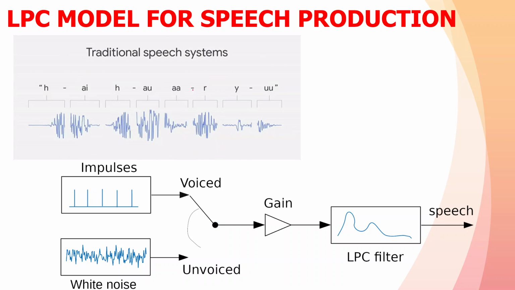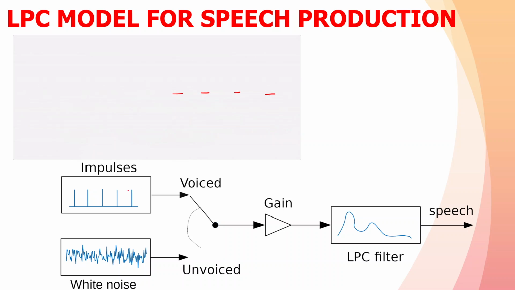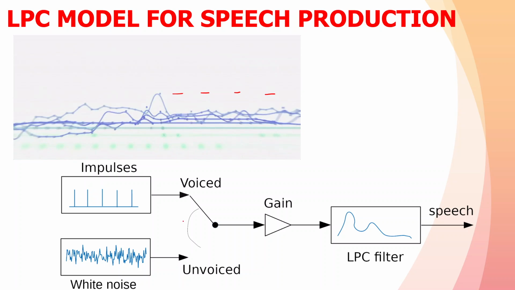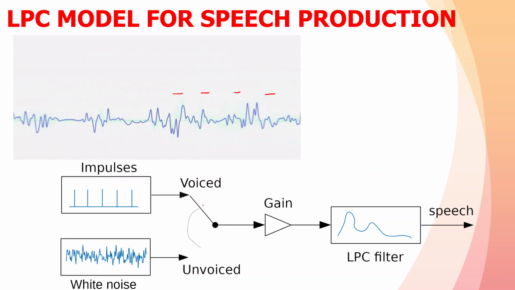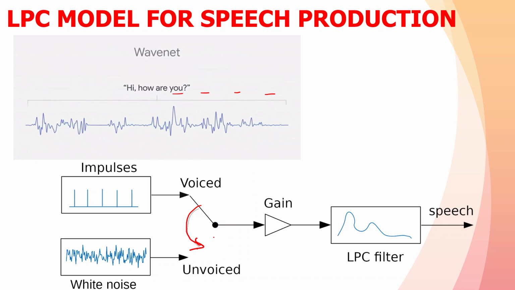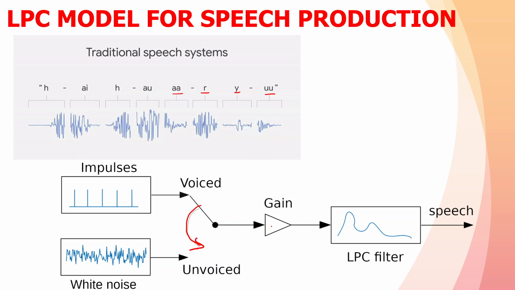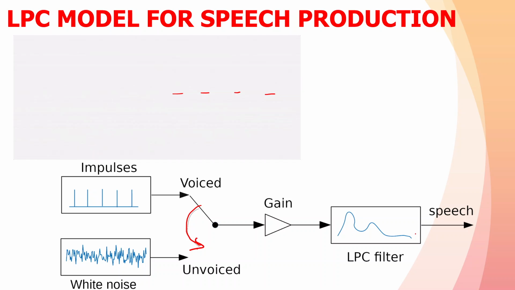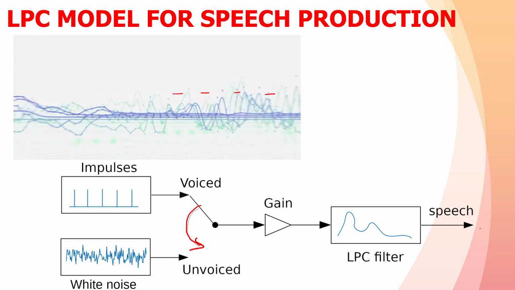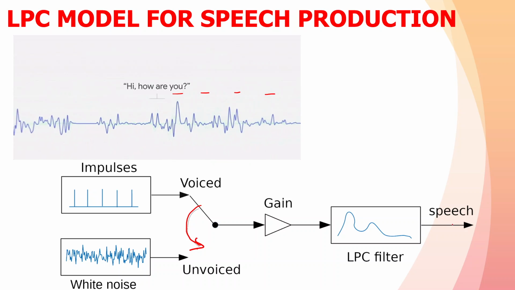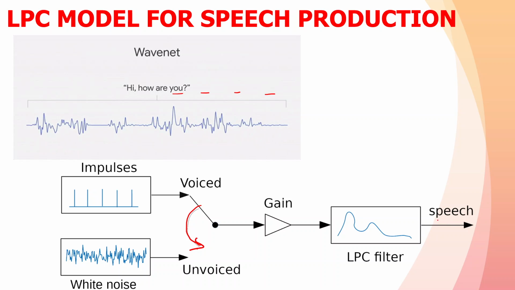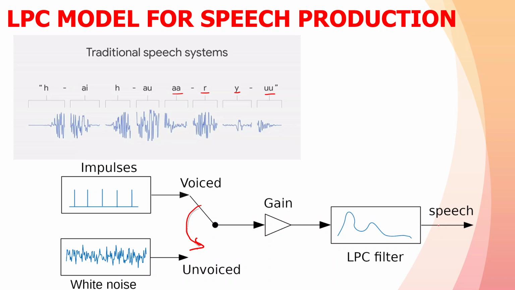For any voice signal that has been transmitted, either voiced or unvoiced, it is amplified by an amplifier. Finally, it is given to an LPC filter. Finally, the speech is synthesized. This is the LPC model which is used for the prediction of the speech signal.